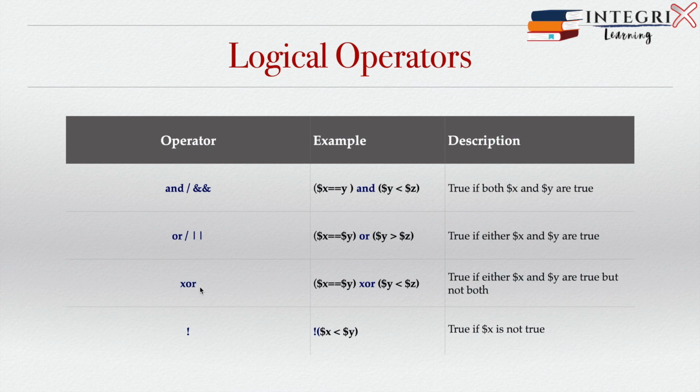XOR is an operator where it will return true if either of this condition or this condition is true, but not both. So there can be a situation where you want to ensure that if one of these is true, then you execute a certain part of code, but never when both are true. For that, you will utilize XOR.